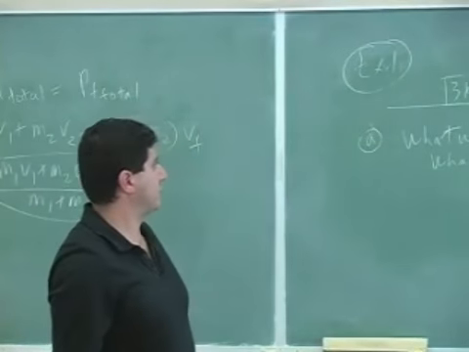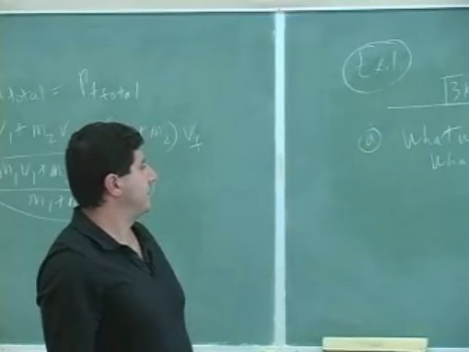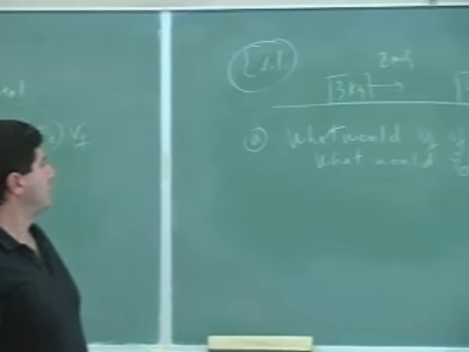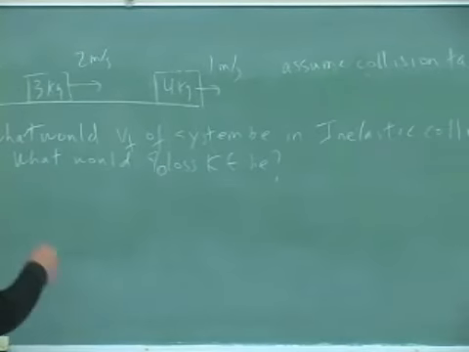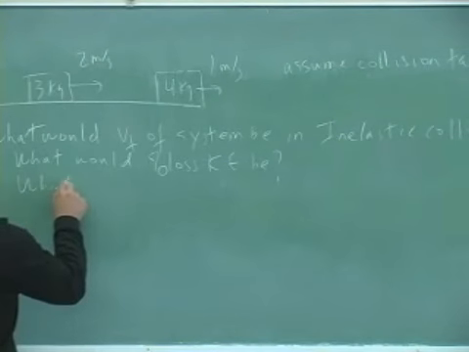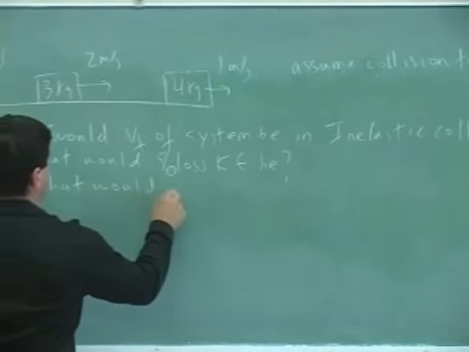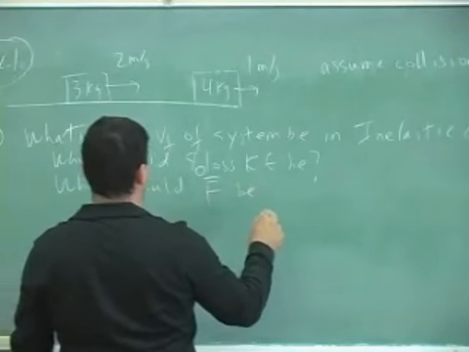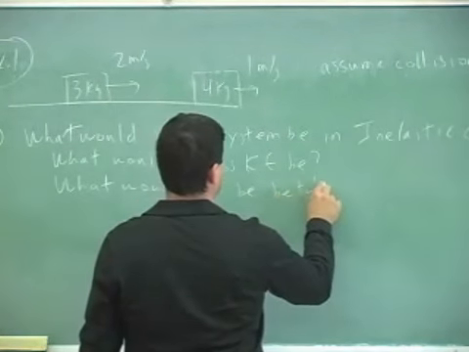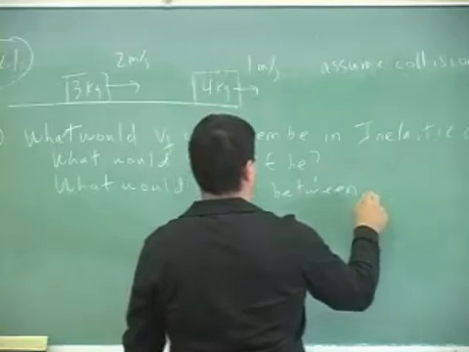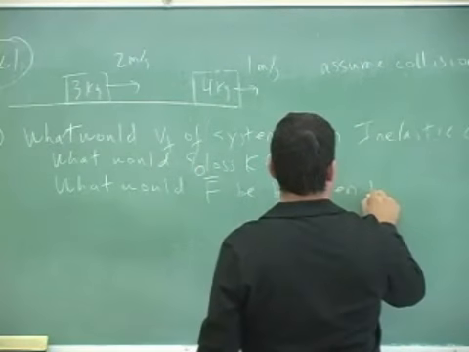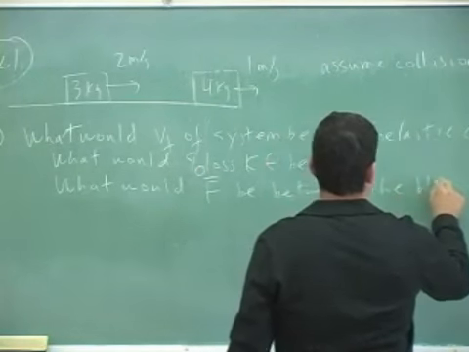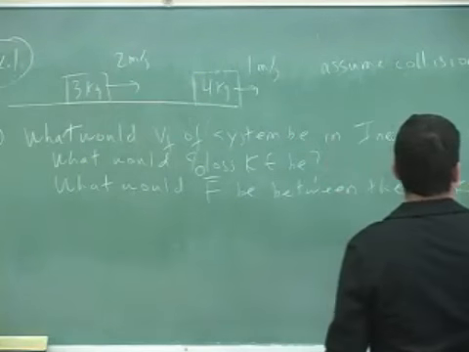So these two objects are colliding. And then we could also solve what would F average be between the blocks during collision.